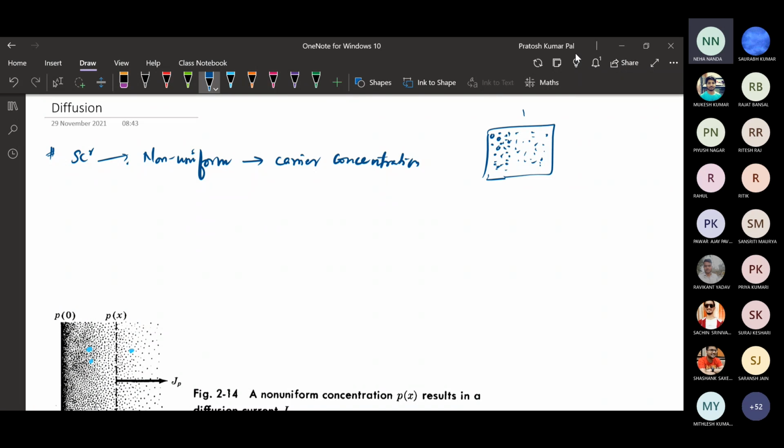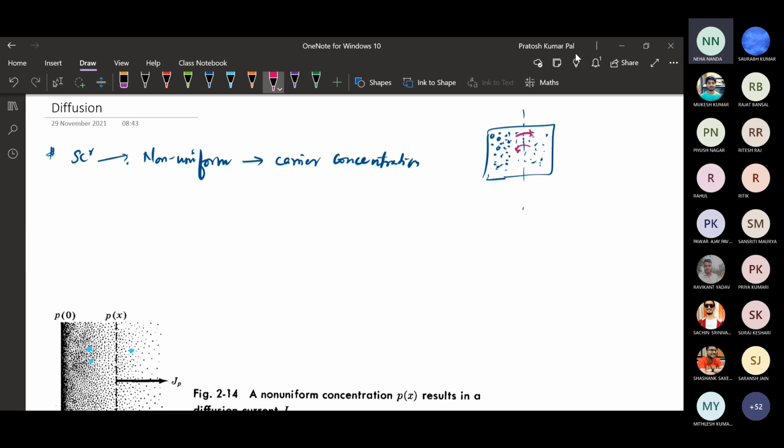So if we consider a level, suppose this is the point, if we check what is the total number of charge carriers moving from this location to here and here to here, so overall we can find there is a movement of charge carriers across this line or a plane, whatever plane we have considered for the analysis.